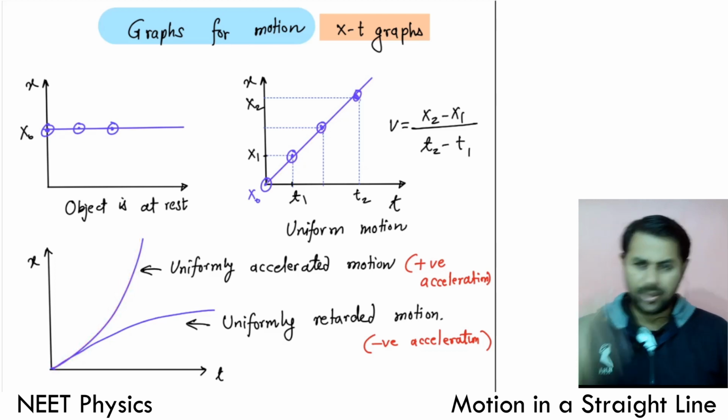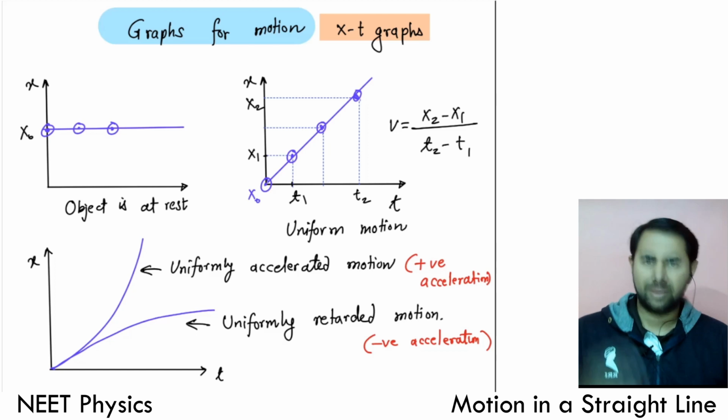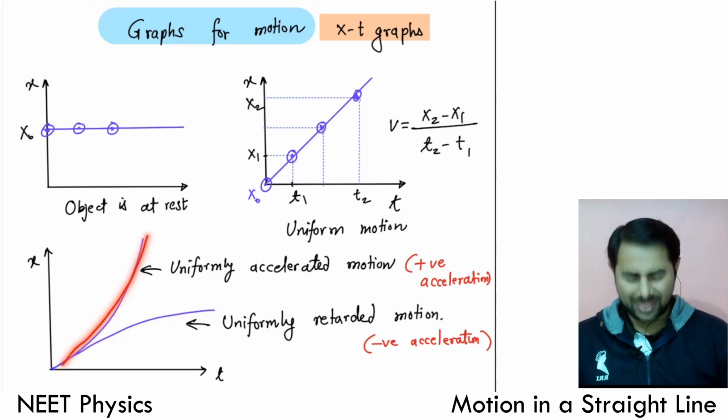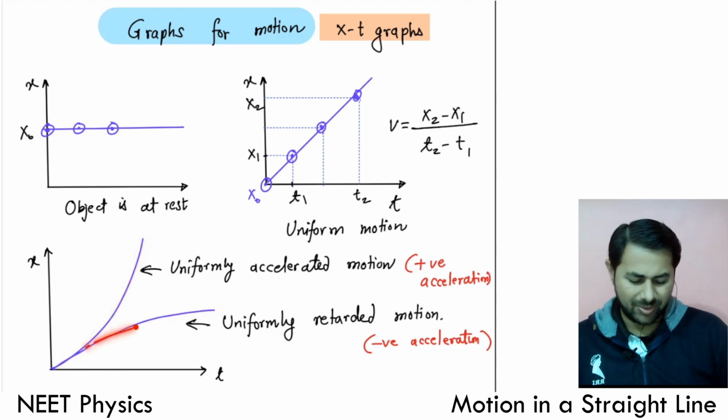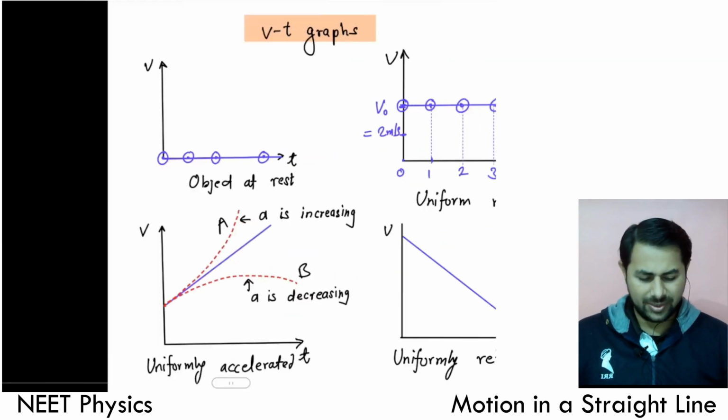And if the motion is retarded, meaning decelerating motion, if velocity decreases, then the graph will look like this.